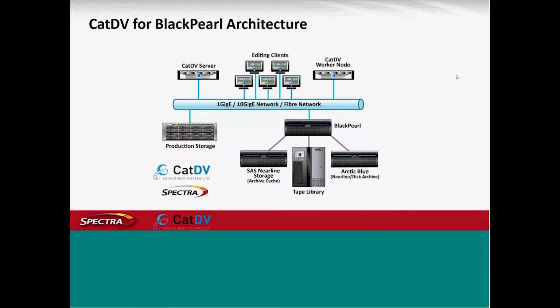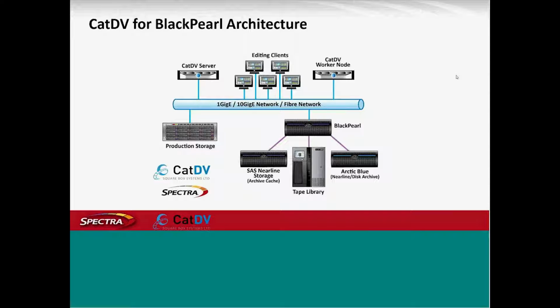Okay, go ahead, Graham. So this is in terms of the BlackPearl, and I'll let Dave add anything here after I speak, but this is kind of what the diagram looks like. It's very simple the way BlackPearl connects. Typically in the past with archive storage, we've had to have separate storage networks, but now with BlackPearl, you can just connect it to your normal Ethernet network, the same place that you're connecting your CatDV, your production storage and your server, and CatDV can access that.